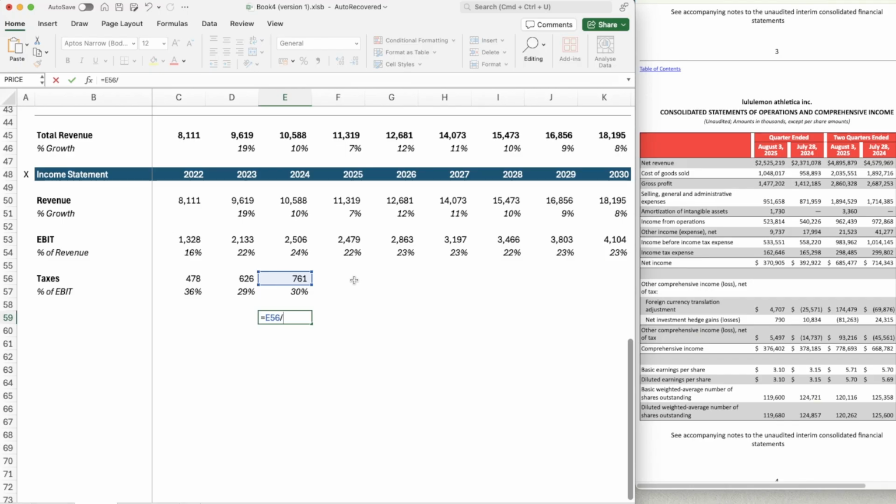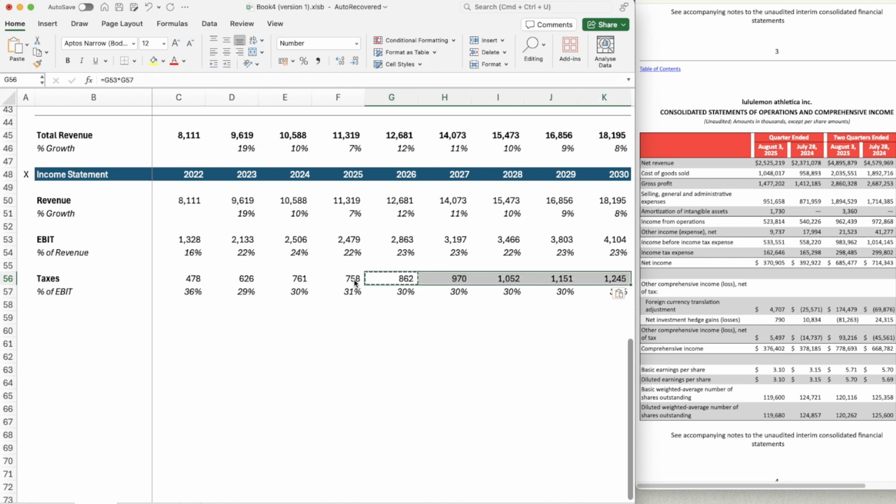Divided by, what was it? Income tax expense 299.298.485 multiplied by 2.53987.965. And to forecast the tax, you take the forecasted EBIT and multiply it by the tax rate, the percent of EBIT. There we have it.